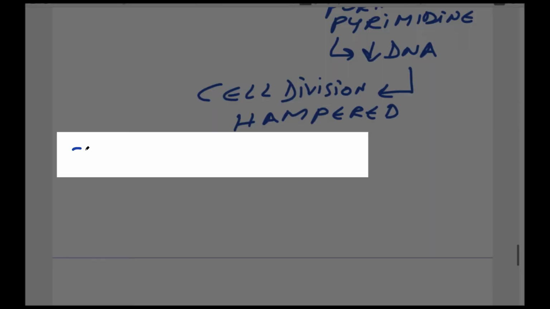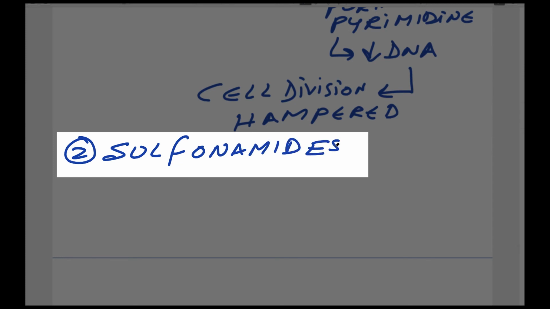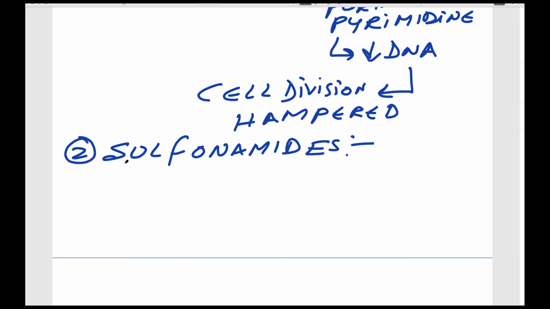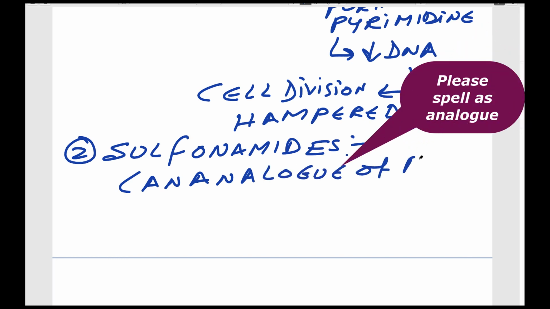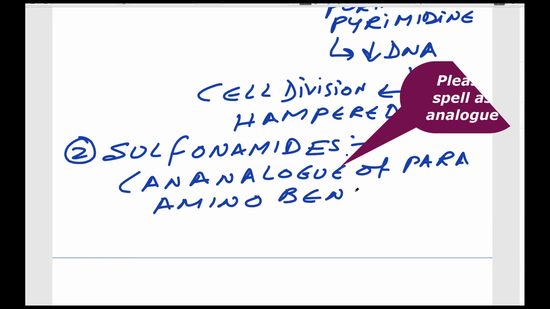The second one is sulfonamides, antibacterial drugs. Sulfonamide is a structural analog of para-aminobenzoic acid.